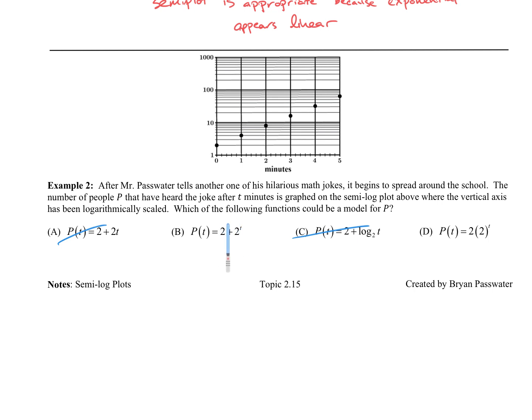So this would be 3. What would I get on D? I'd get 2. So which one is it? It's D.